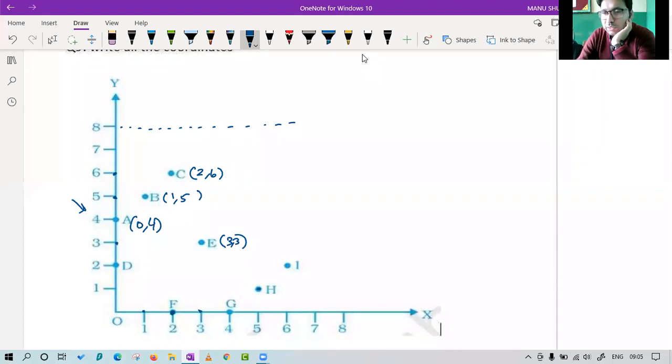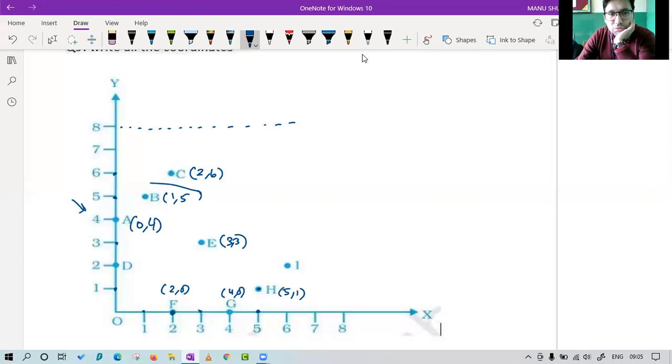F is lying on the x-axis, that means which coordinate is 0? Y coordinate is 0, and the answer is 2 comma 0. Then G is 4 comma 0. H is 5 on x-axis and 1 on y-axis, so the value of H is 5 comma 1.